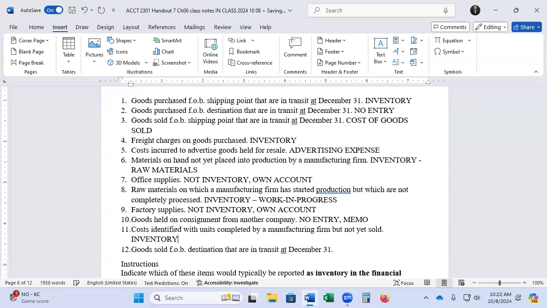So this is inventory and finished goods. Goods sold FOB destination that are in transit as of December 31st. This is inventory. Any questions?